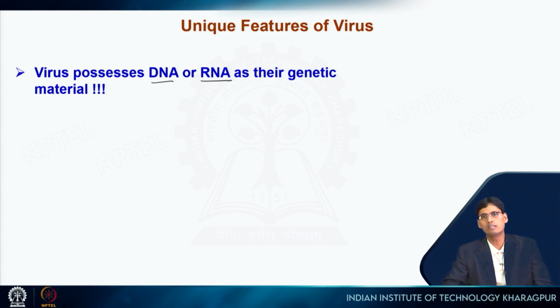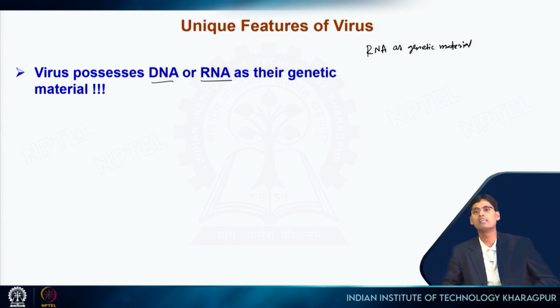Now the interesting discussion here is, if some virus contains RNA as genetic material, then when this virus multiplies inside the cell, somehow it needs to make more RNA in order to multiply.